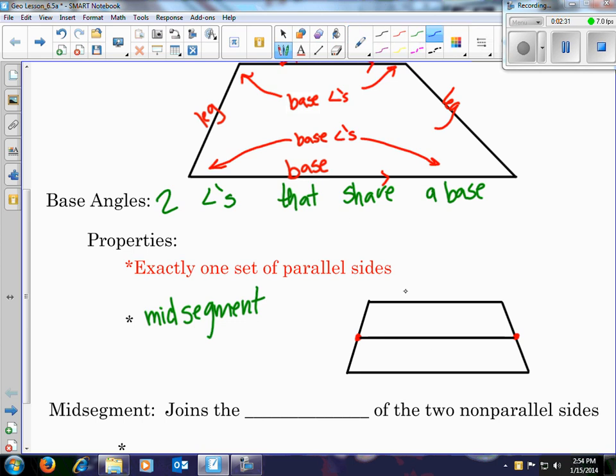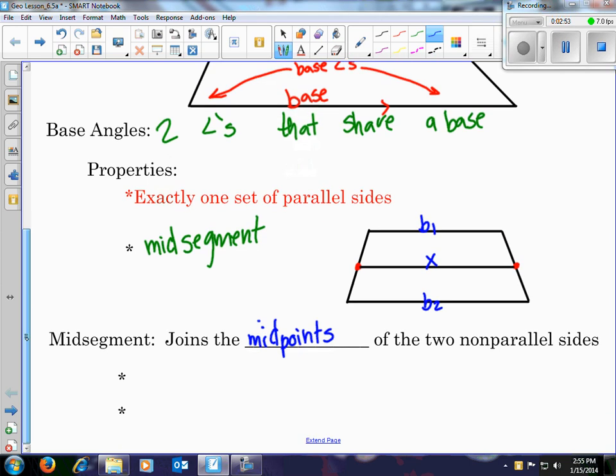Now we're going to label our bases. This is going to be base 1, this is going to be base 2, and then we'll just call the length of this x. Now my mid-segment joins the midpoints of two non-parallel sides.